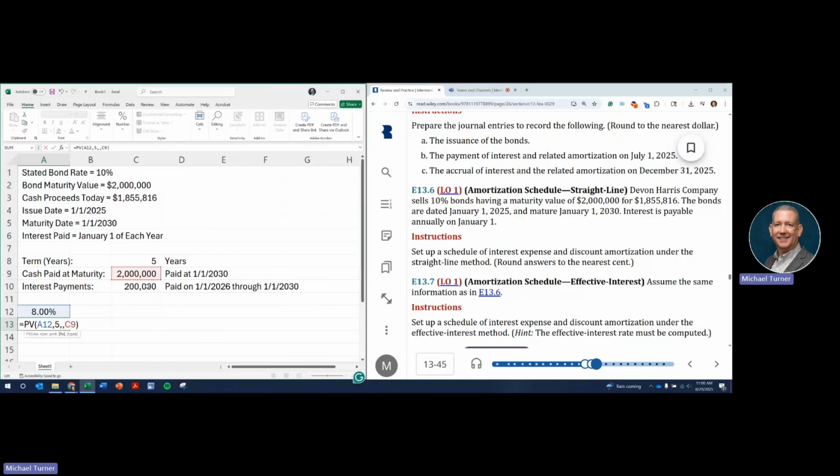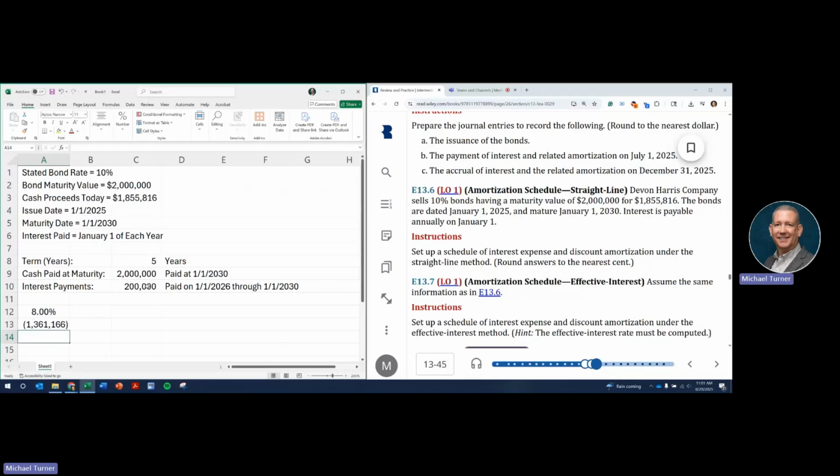I do not need payment, so I put an additional comma there. And the future value, 5 years from now, is a $2 million cash flow. So the present value of that $2 million single payment made in 5 years, assuming 8% interest, is $1,361,166. Okay, so that's the cash flow stream for the payment in 5 years.